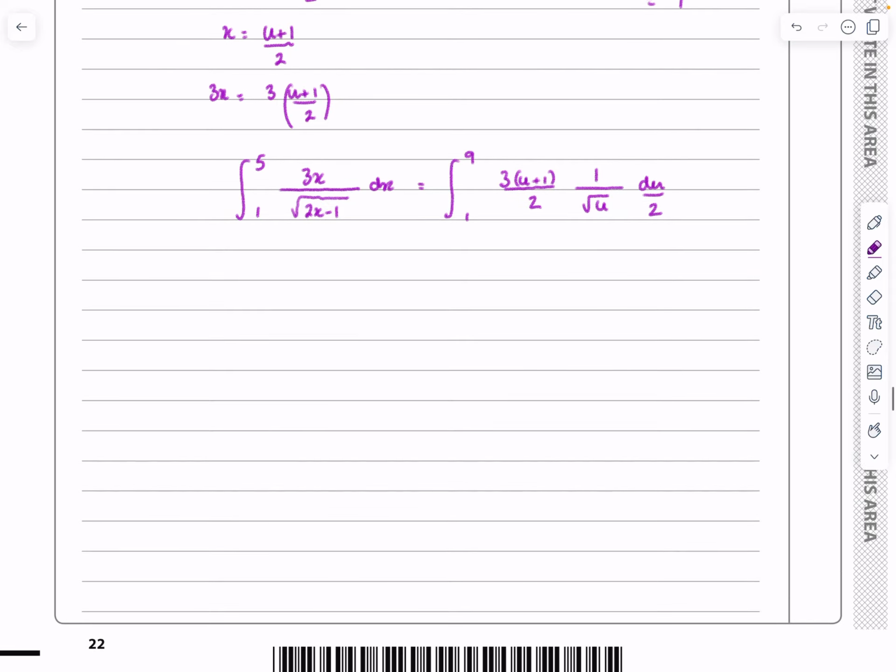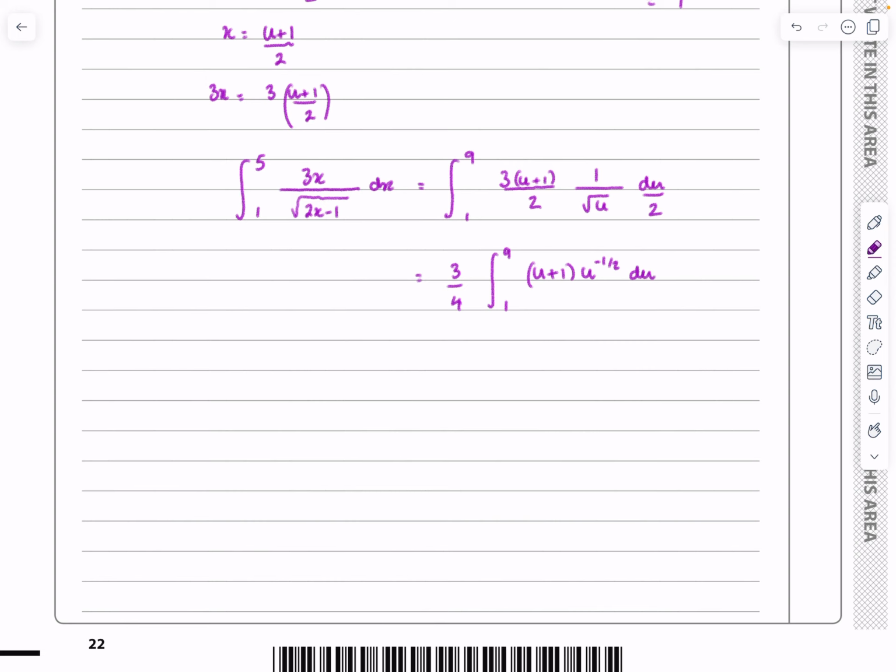So I just now need to get this into some sort of thing that I can integrate. First thing I'm going to do is take out 3/4, take out all of those. So I'll have 3/4 outside, and I'm going to have the integral between 9 and 1 of basically u plus 1 times u to the minus a half du.